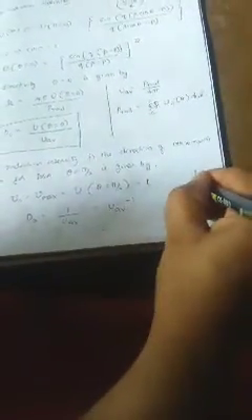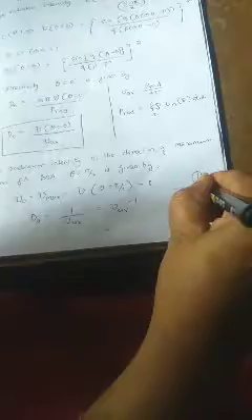The radiation intensity is taken in the direction of maximum radiation. You know the broadside array radiation pattern looks like this. The maximum radiation is at 90 degrees and 270 degrees. Substitute theta equal to pi by 2, 90 degrees, which gives U max; U at theta equal to 90 is equal to 1.